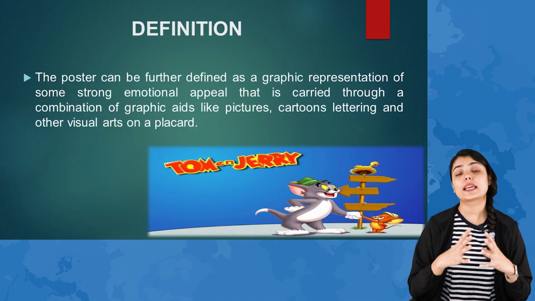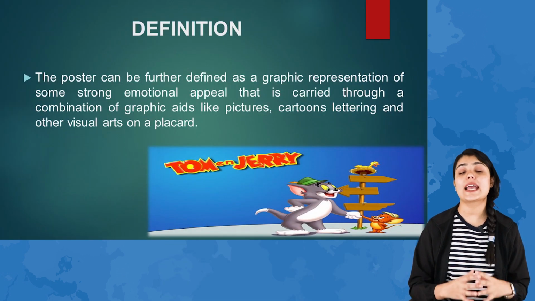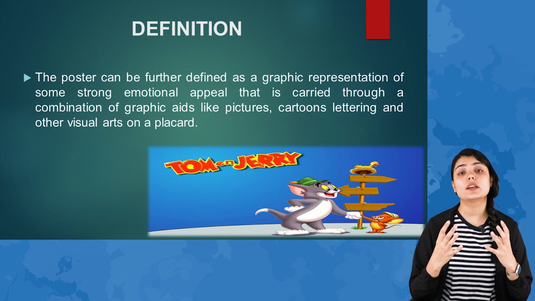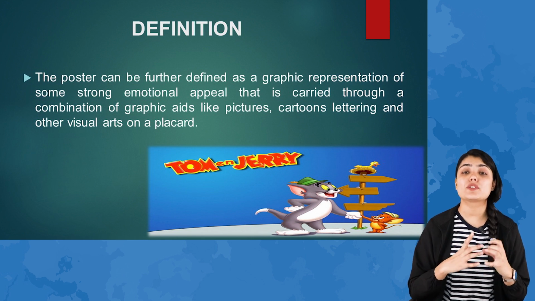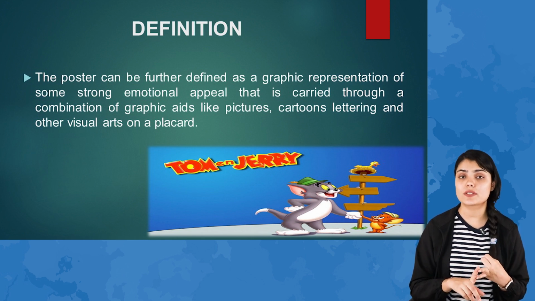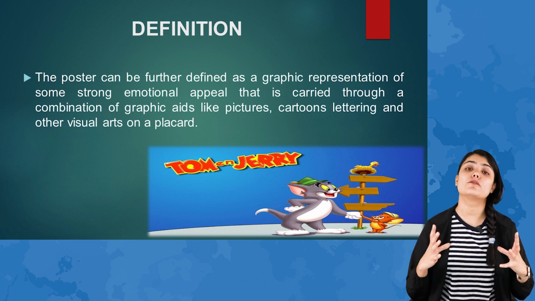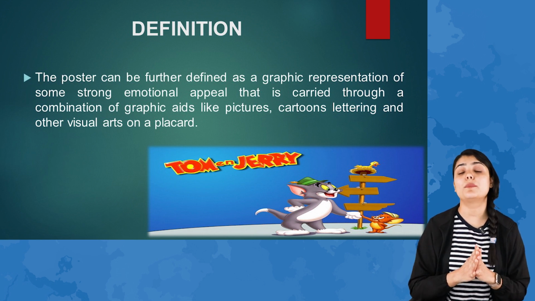Let us now see the definition of a poster. Posters can be defined as the graphical representation of some strong emotional appeal, carried out through the combination of various pictures, letters, cartoons and various other visual aids placed on a placard.